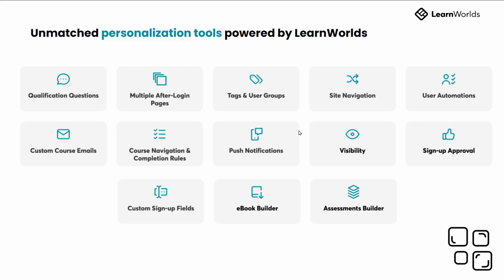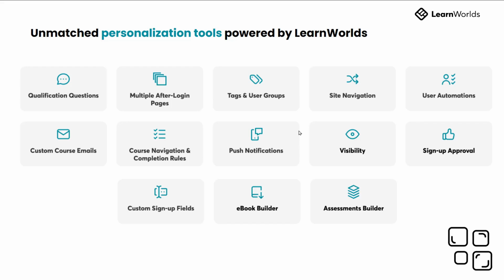So for instance, if you do have some custom sign-up fields that can reveal the intention of the user or goals or the knowledge of the user, or if you're creating a qualification form, as we mentioned earlier, that will identify the goals and the preferences of the user, then you can tag users based on the answers, and you can specify which landing page they will see based on the tag. That means that you can have a variety of landing pages for different audiences that are separate, and you can create messages for them that are specific to them.